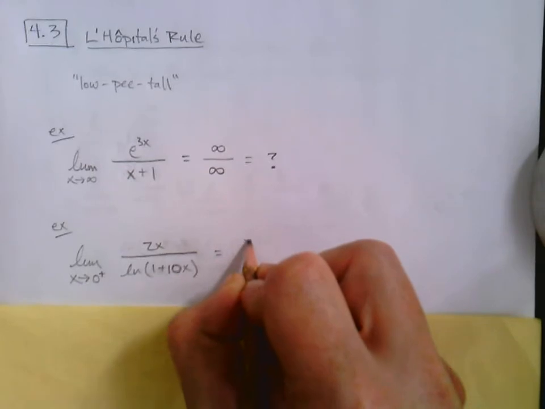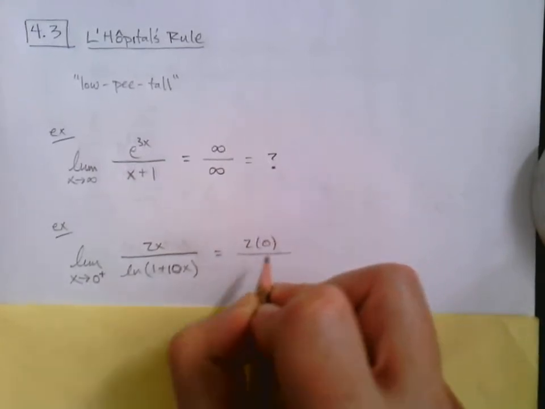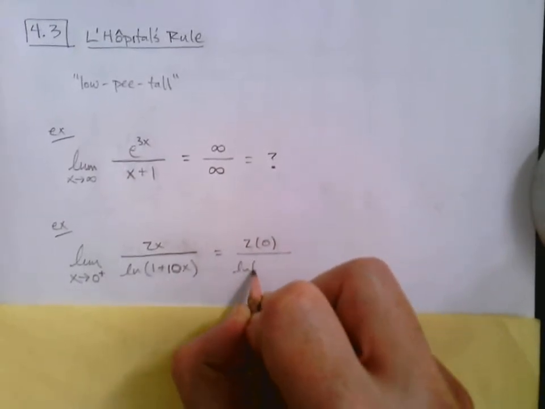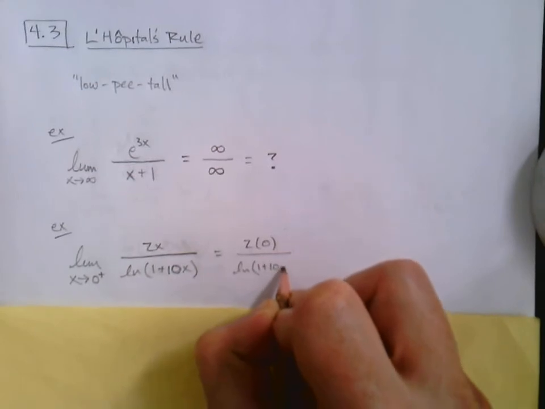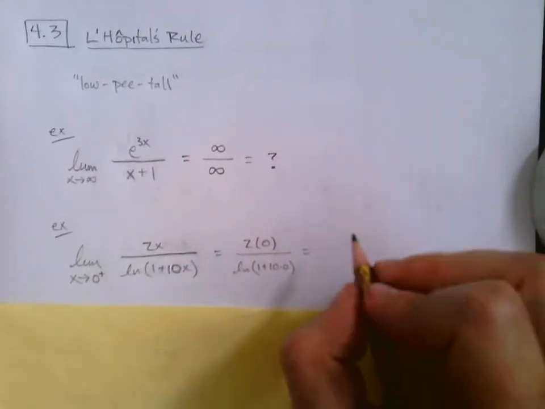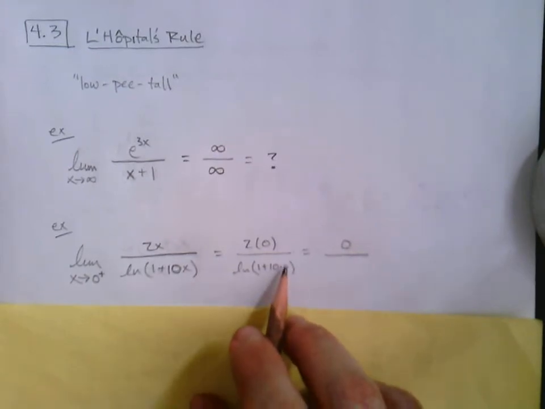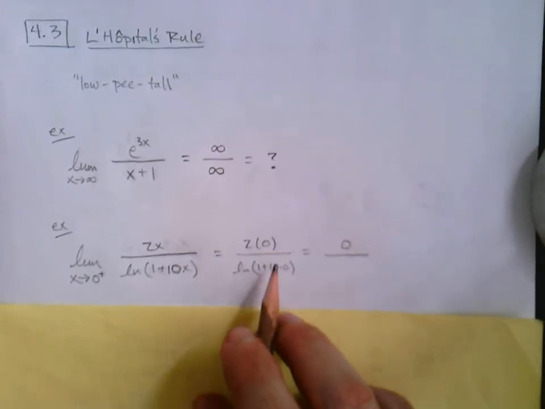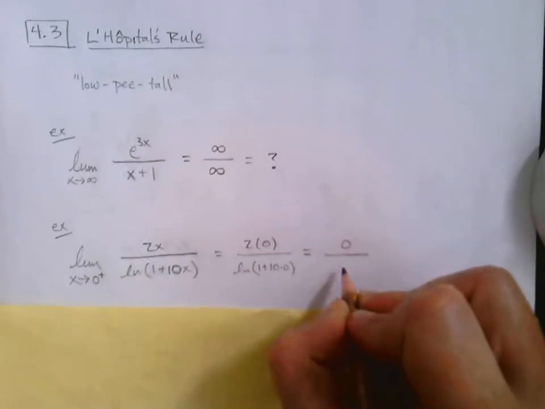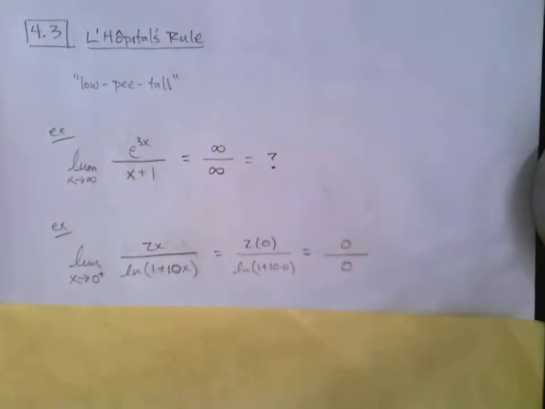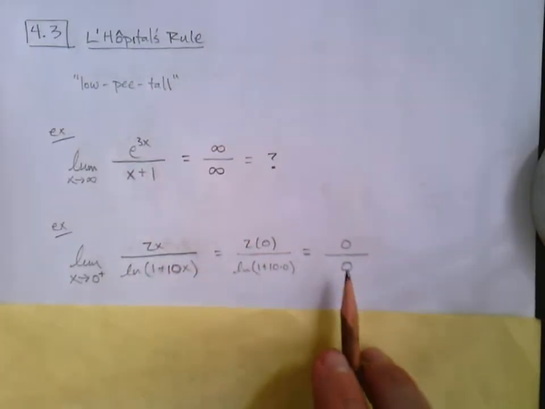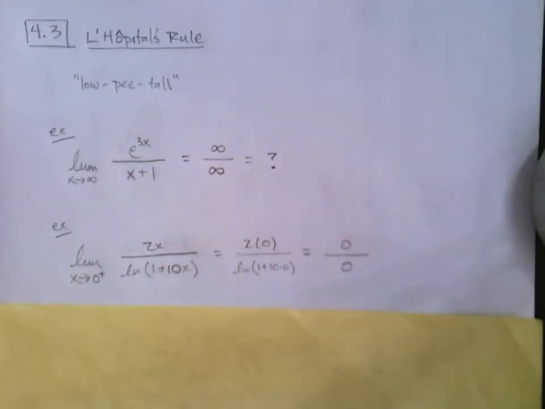So this would be 2 times 0, and underneath that would be the natural log of 1 plus 10 times 0. What would that give us? Well, 0 on the top, obviously. And on the bottom, we'd have the natural log of 1, and if you recall, the natural log of 1 equals 0 as well. So we get kind of a similar situation, right? Infinity over infinity. This time, though, it's 0 over 0.